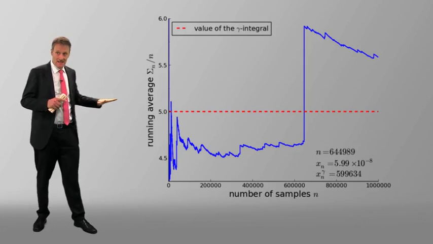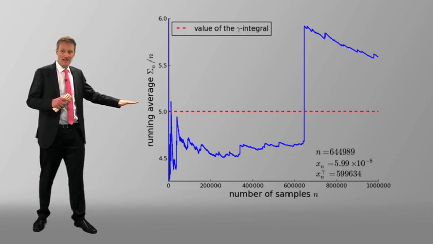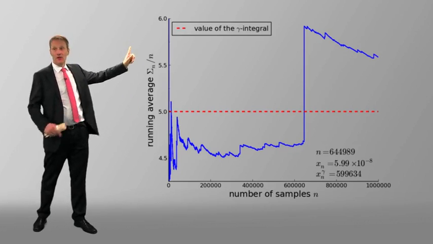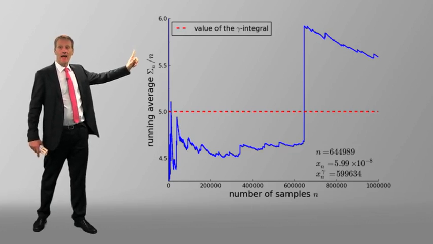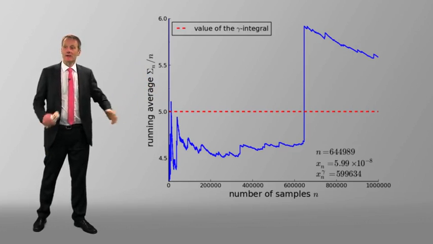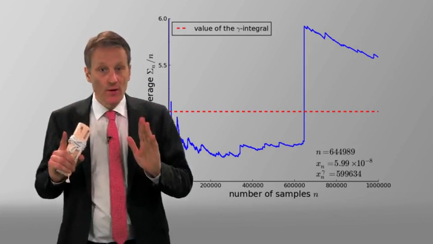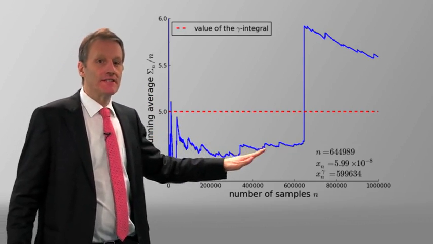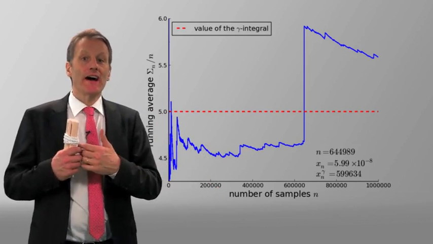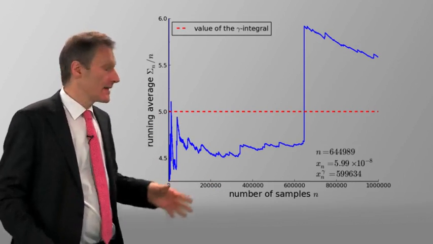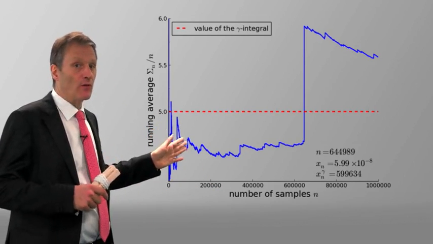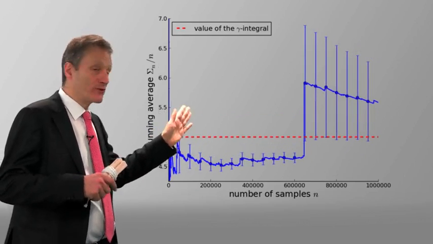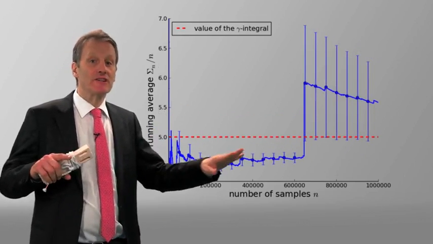So here we see that we approach a wrong result, and all of a sudden we go through the roof and we continue our calculation. Clearly, because the running average is constant, we also have an error estimate, the average over x to the power of 2 gamma, which comes out much too small.